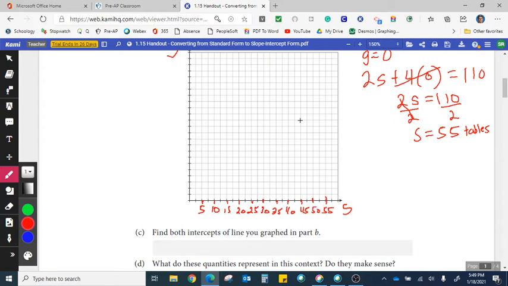That looks pretty good to me. I think that's perfect. So this represents the number of small tables.